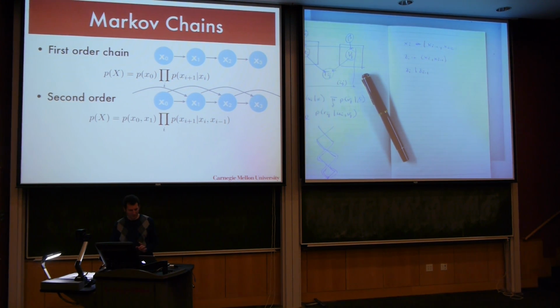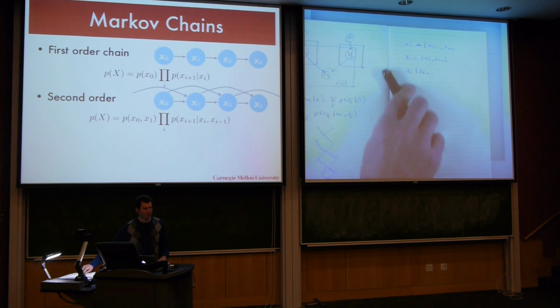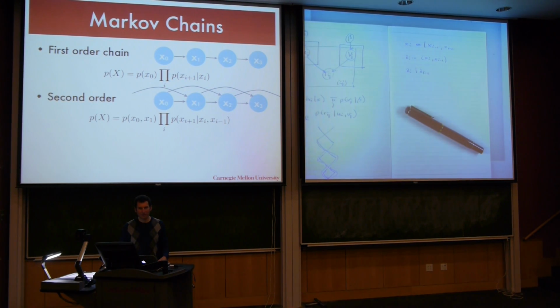What this importantly means is that there is, in principle, no difference in the expressive power that you get from a first or a second or third or fourth order Markov chain, assuming that I can do crazy things with my state space. The state space in this case, if I use those zi's, is twice as large. If the xi's and xi minus 1's are binary variables, then I have 4 different outcomes.